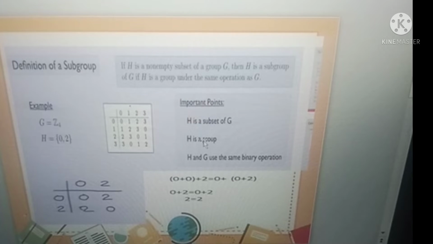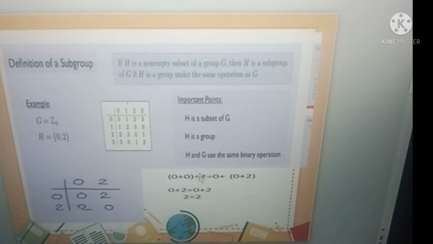It depends upon the binary operation: for multiplication the identity is 1, and for addition it is 0. H and G use the same binary operation as stated here in the definition, that is, H is a group under the same operation as G. Same operation means they use the same binary operation.